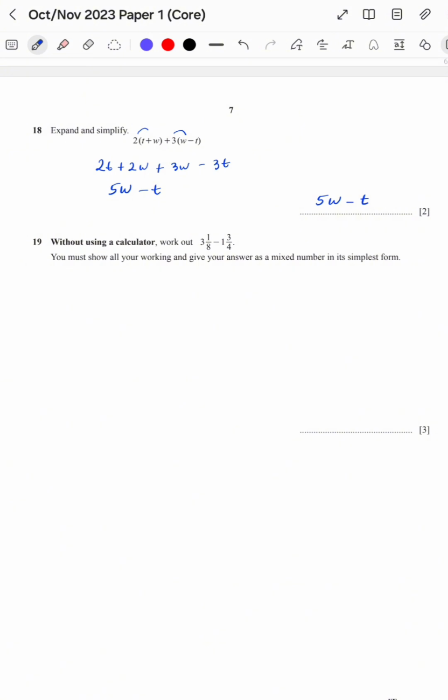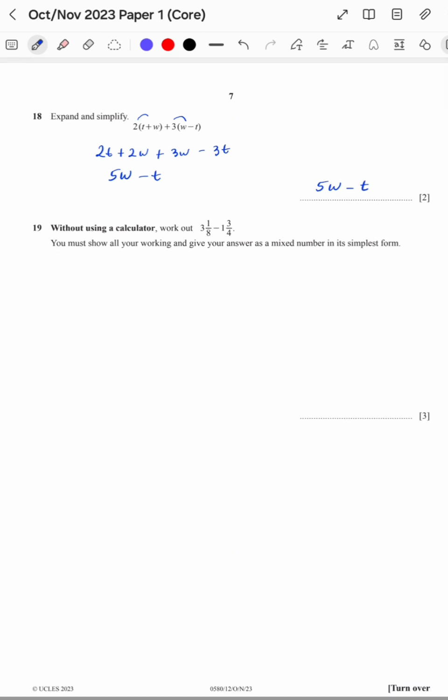Without using a calculator, work out 3 and 1 out of 8, minus the mixed number 1 and 3 out of 4. You must show all your working and give your answer as a mixed number in its simplest form. To do this, you have to convert it into an improper fraction. We have 3 and 1 over 8, minus 1 and 3 out of 4.